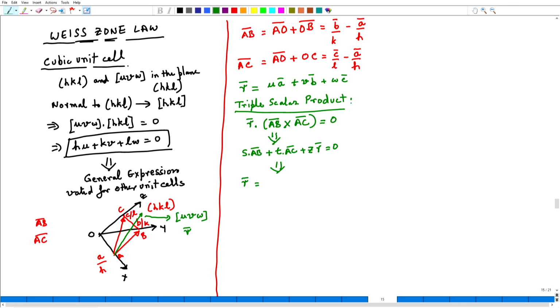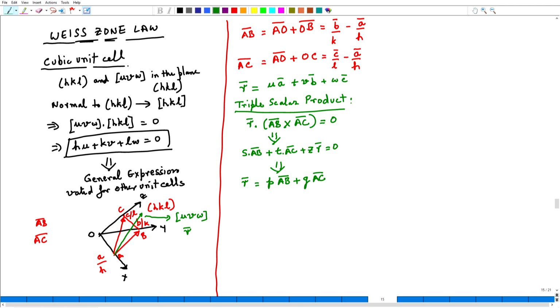I can rearrange these terms and then divide everything by Z. So, I end up with the vector R equal to some quantity P times the vector AB plus a quantity Q times the vector AC.